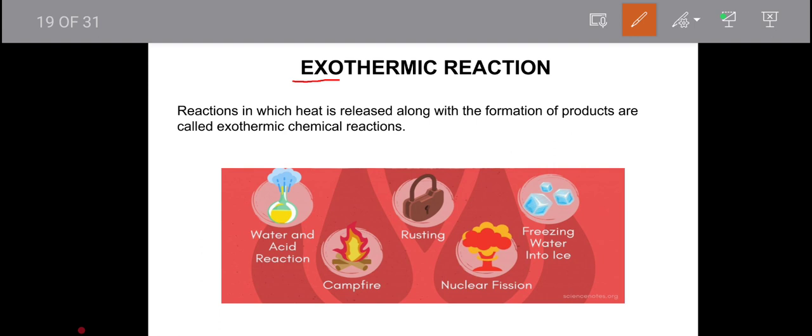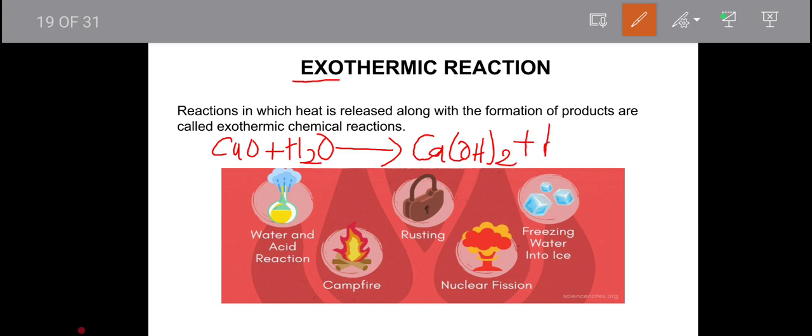One example of an exothermic reaction is the first reaction that we have discussed, that is, the reaction of calcium oxide, or quicklime, with water to produce slaked lime or calcium hydroxide, along with plus heat. Heat is also evolved during this reaction.